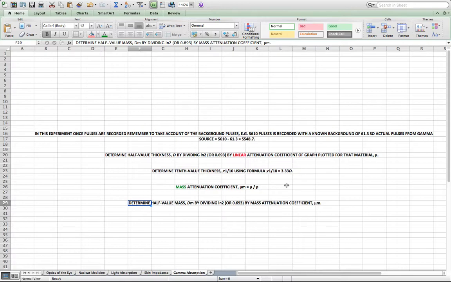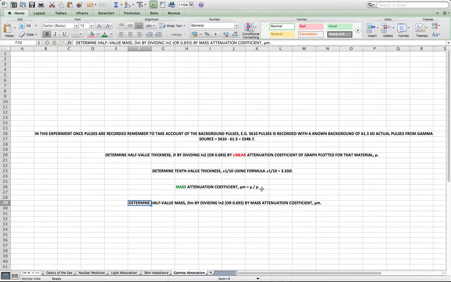So they could say a mass attenuation coefficient of a material of a certain number was recorded and put in a graph with a linear attenuation coefficient, so mu, of another value. What is the material? That could be the question.